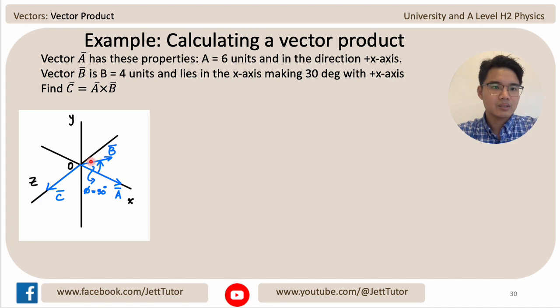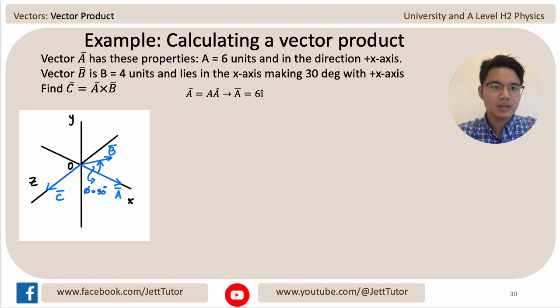Vector B is 4 units and lies in the xy plane, making 30 degrees with the plus x-axis. Find vector C equal A cross B.